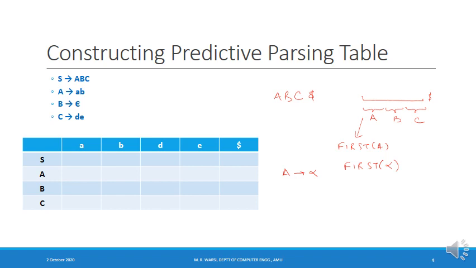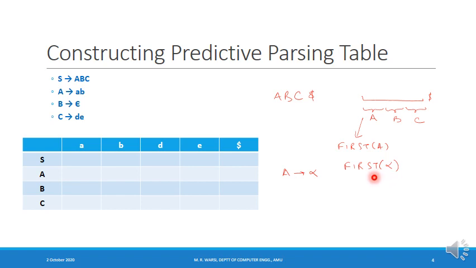So when capital A is on top of the stack, and if this is to be expanded using this production, the next input symbol must be the symbol which is there in the first of alpha. What is the meaning of this? The meaning is this particular production will be added in the parsing table at the location A comma whatever symbols are there in the first of alpha.